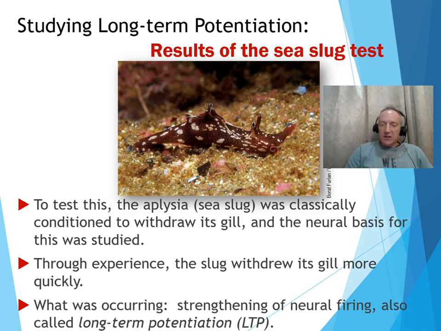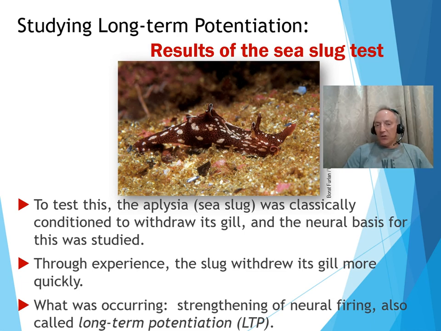So they classically conditioned the sea slug to associate the passage of an electric current through the water with a squirt of water. They would squirt the sea slug with water, followed by the mild electrical current, which made them withdraw their gills, until eventually you squirt the sea slug with water, and even before the electric current is passed, they would withdraw their gills. That would show evidence that the sea slug has learned.